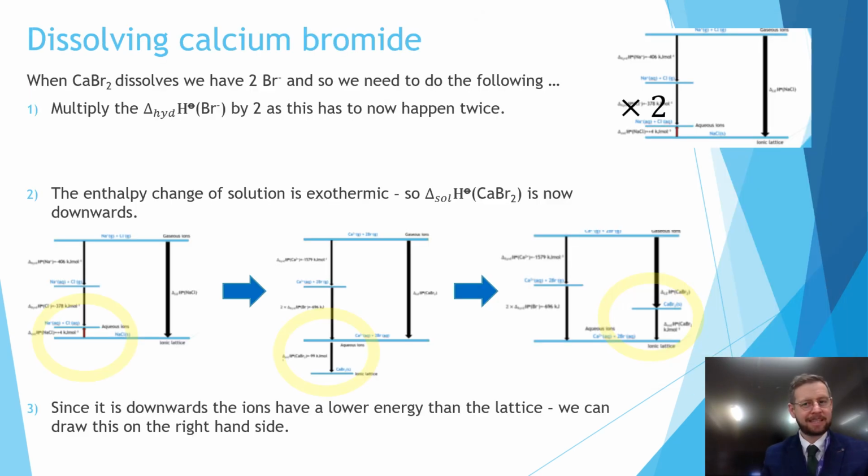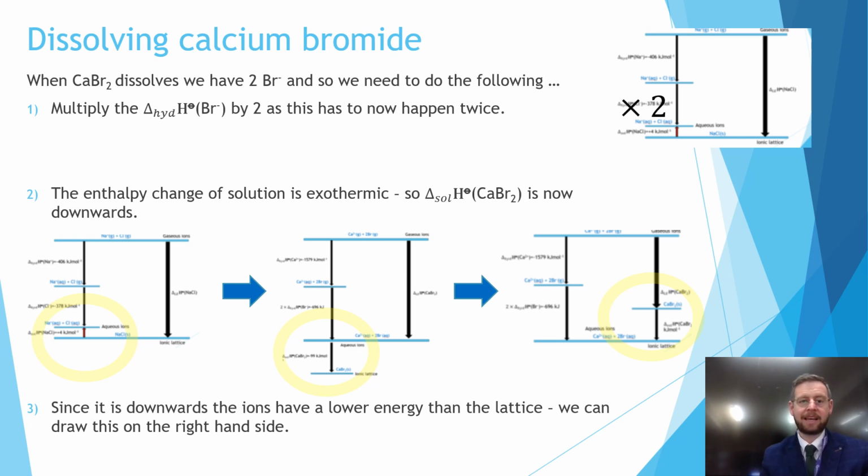Now, this process is beautifully simple for sodium chloride because it's just one sodium and one chloride. But of course, if we had an ionic lattice made from something, say, in group 2, then things are going to get a little bit more complicated. Because not only do we have differences, they actually affect what the diagram looks like.